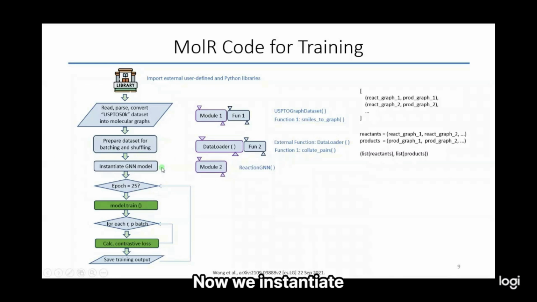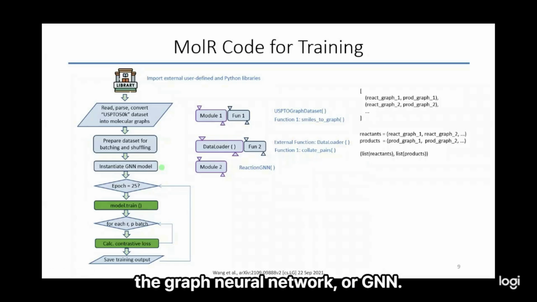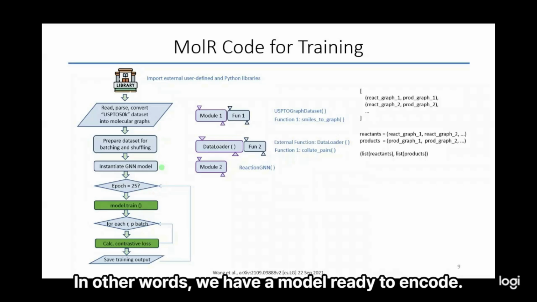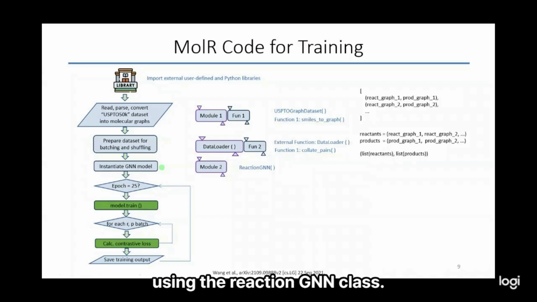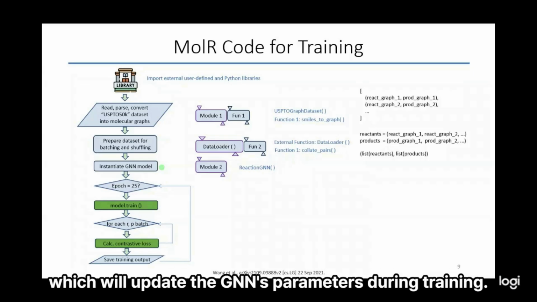Now we instantiate the graph neural network, or GNN. In other words, we have a model ready to encode reactant and product graphs into numerical vectors using the reaction GNN class. Next, we set up an optimizer which will update the GNN's parameters during training.